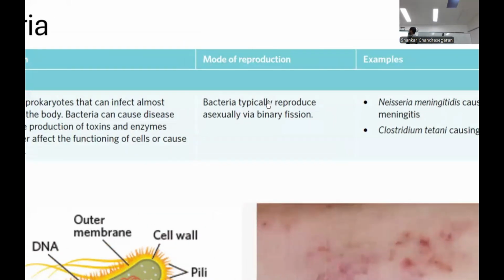Basically, this is the process where one bacterial cell accrues enough resources, enough food, that it can split into two genetically identical cells that are just copies of each other, right? So there was one cell, it grew enough that it can split into two cells, and both those cells are genetically identical with each other.